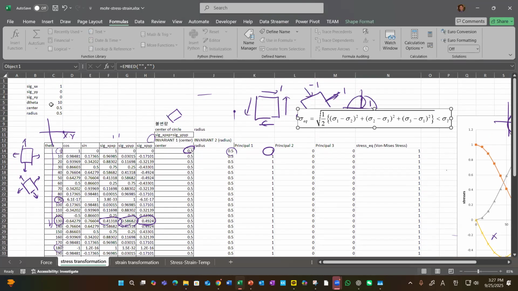자, 그래서, let's say 1, 0, 0, of course, we will have a radius is half and principal 1, 0, 0, and equivalent. Now, what will happen to, say, any value?